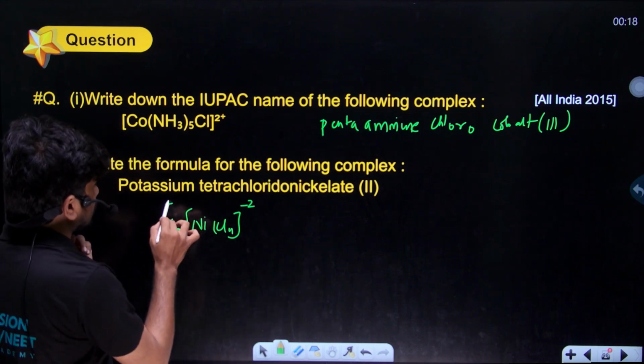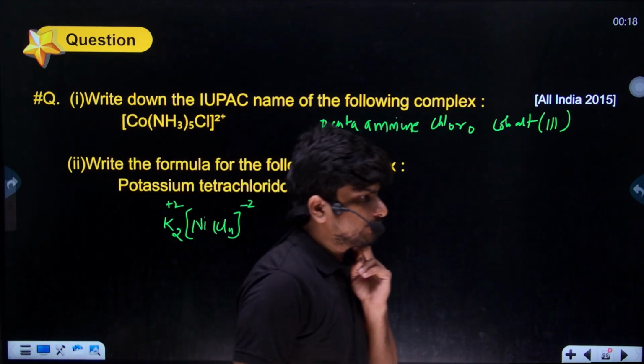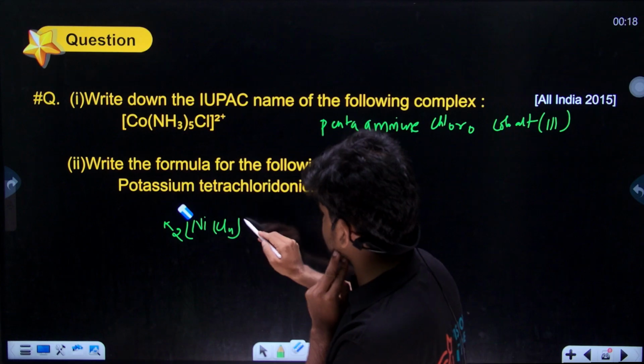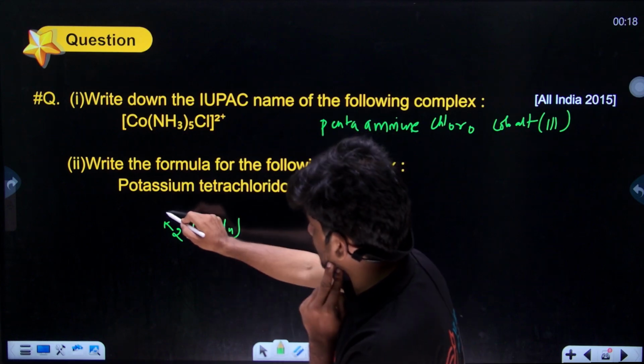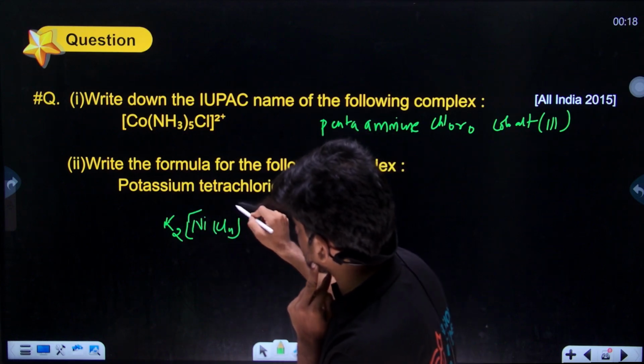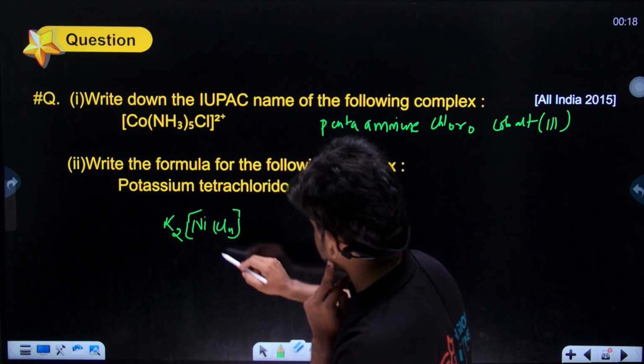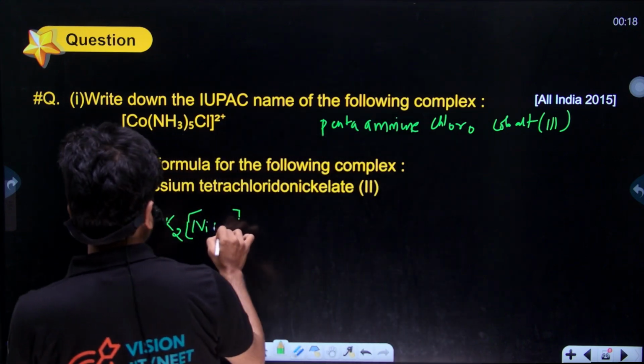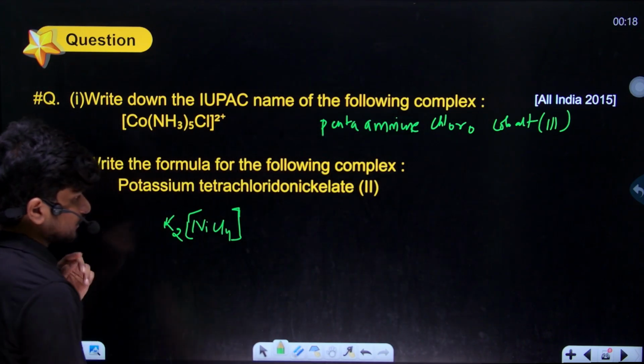You won't be writing charges on the top generally. So it is potassium, nickel, Cl4. This is how it will look.